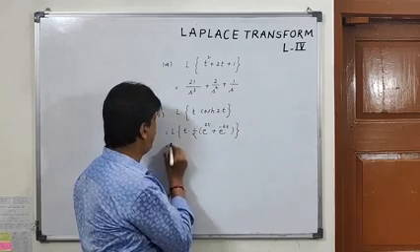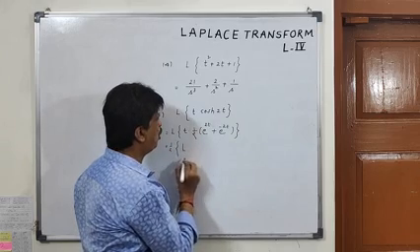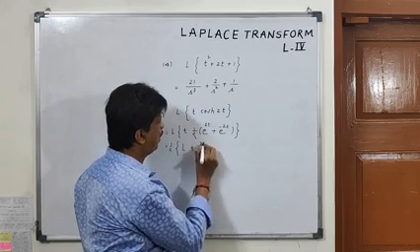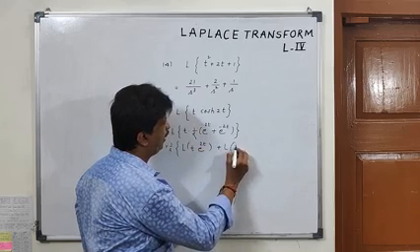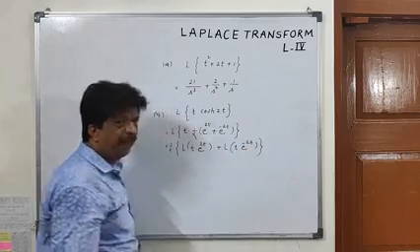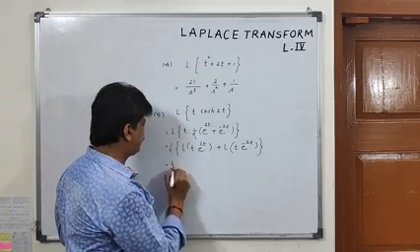So it is equal to 1 by 2 times the Laplace transform of t into e raised to power 2t plus the Laplace transform of t into e raised to power minus 2t, splitting into two different terms.